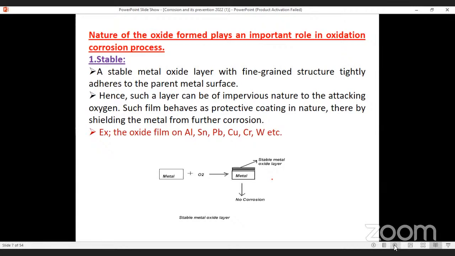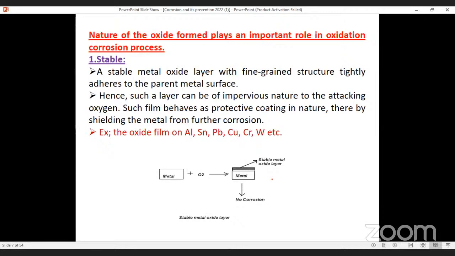Some of the surface of the metal may be involved in corrosion, producing a metal oxide on the surface, and that becomes stable, therefore there is no attack of oxygen on the surface area of the remaining metal, right?